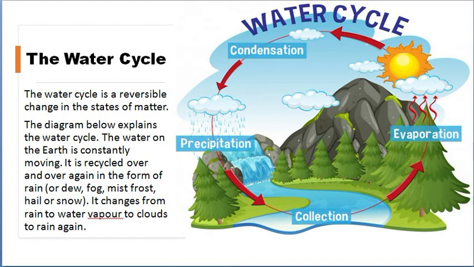What happens there? You can see condensation on top of the picture. It condenses to form droplets. These droplets group together and form clouds.